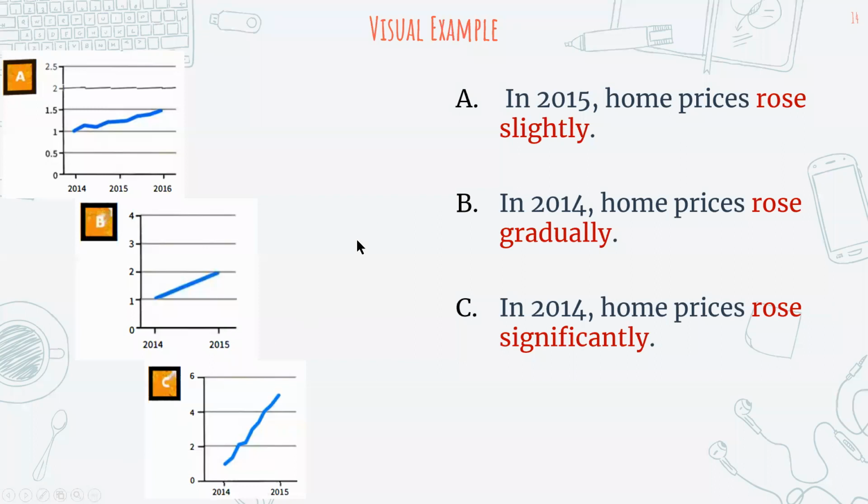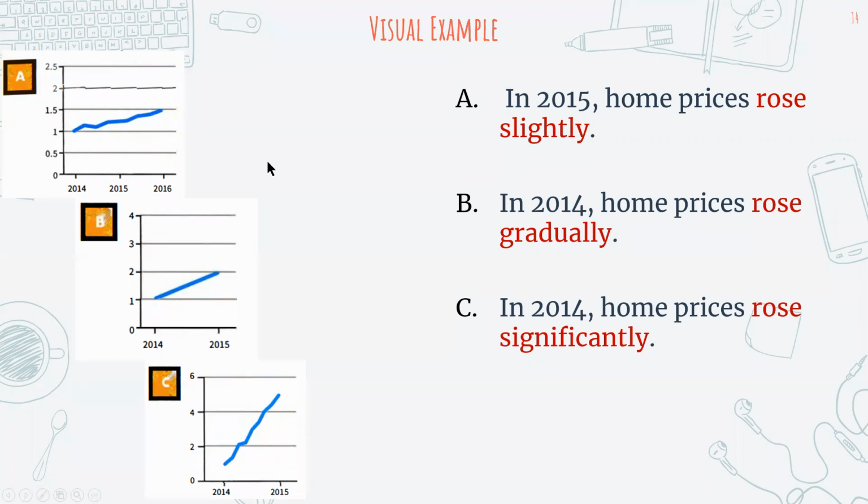Let's take a visual example, okay? As you can see, we have 3 line graphs. Let's talk about the first example. In 2015, home prices rose slightly.